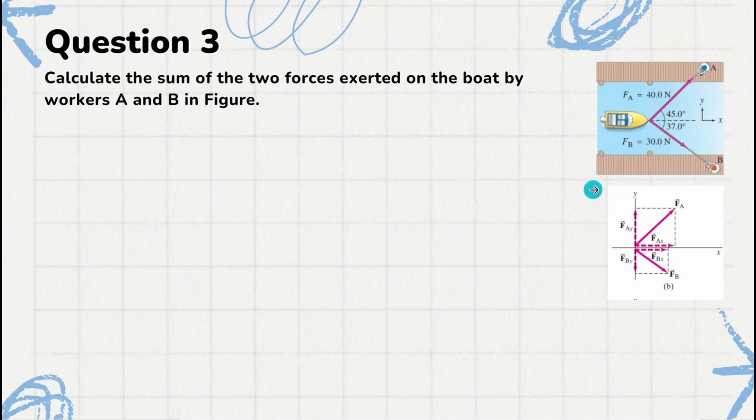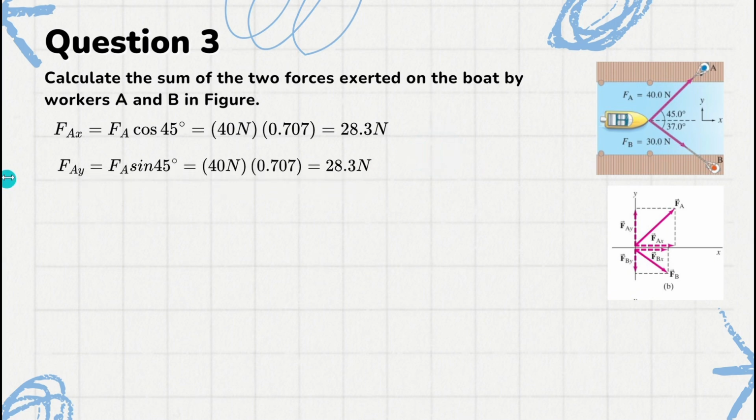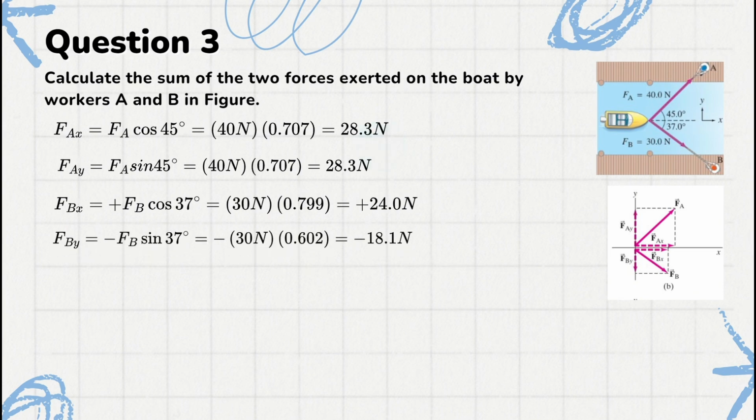The components of FA are FAx and FAy, which equal FA cos 45 degrees and FA sin 45 degrees. Then we get the same answer, which is 28.3 Newtons. Next, we find FBx and FBy.